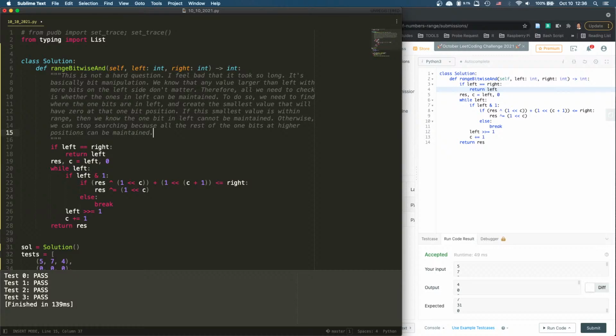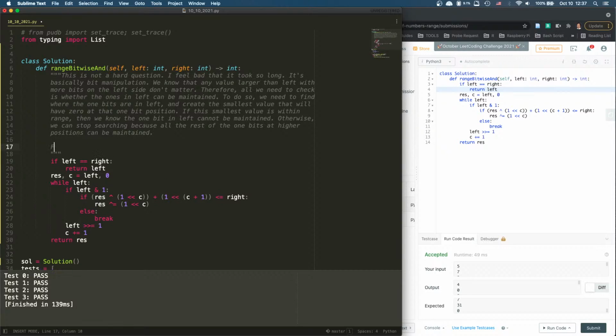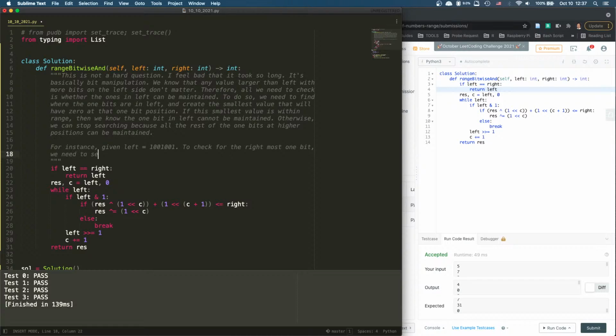Now, I'm not even sure this makes any sense. For instance, given left equals 1, 0, 0, 1, 0, 0, 1, to check for the rightmost 1 bit, we need to see whether 1, 0, 0, 1, 0, 1, 0 is within range.